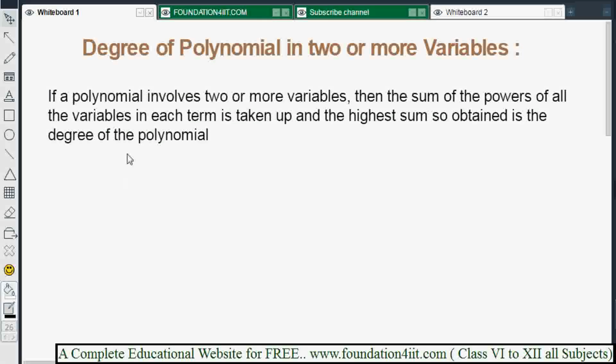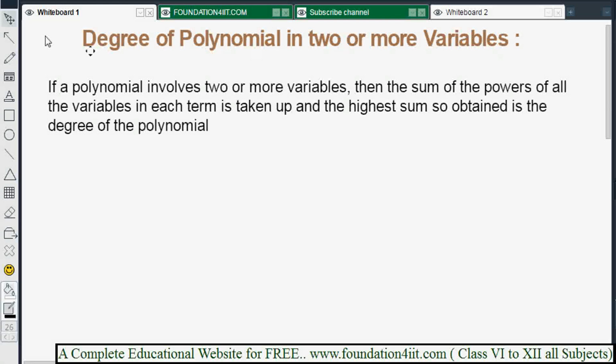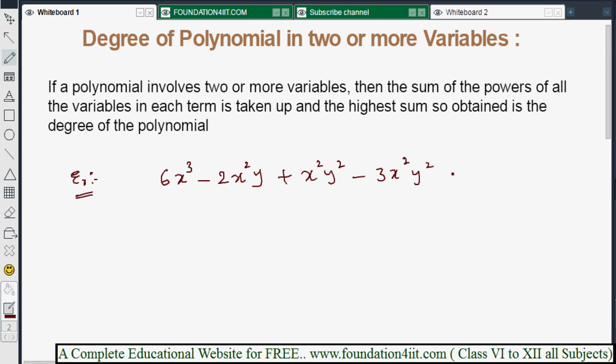If you observe the degree of a polynomial in 2 or more variables, let me take one example first. For example, 6x cube minus 2x square y, so variables are 2 or more, plus x square y square minus 3x square y square. Now in this polynomial there are 4 terms.